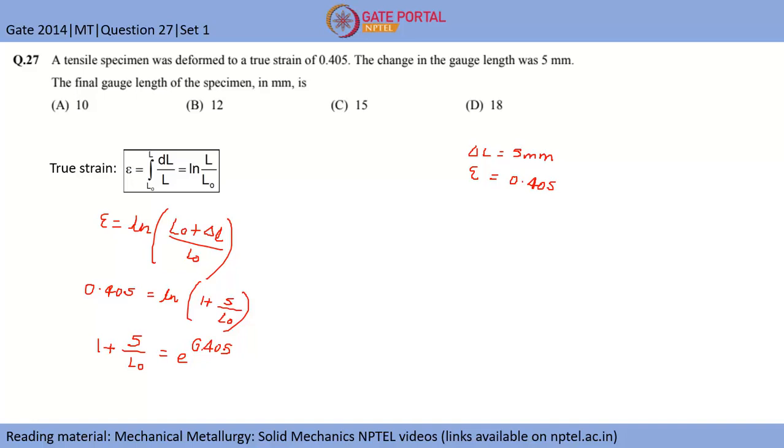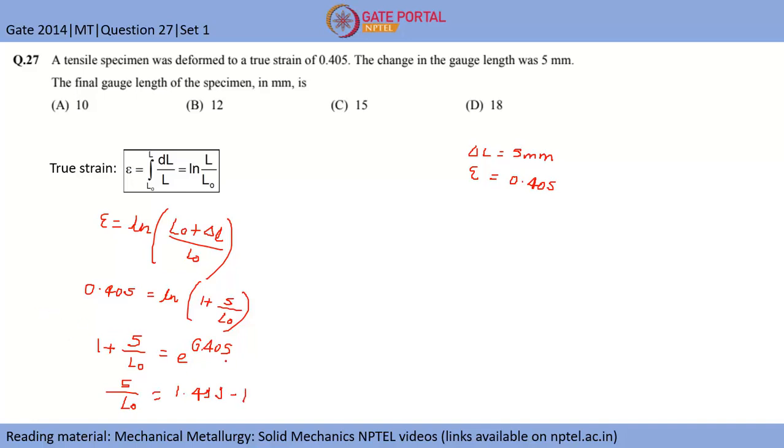Can anyone tell me, if you have a calculator, what e raised to power 0.405 will be? 1.499. Okay, 1.499. So 5 by L naught will be 1.499 minus 1, right?